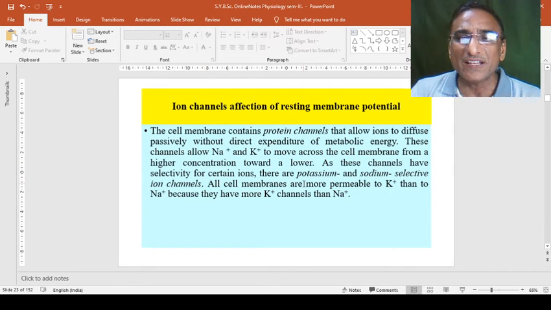All cell membranes are more permeable to potassium ions than to sodium ions because they have more K+ channels than sodium channels, and therefore sodium and potassium ions move through different channels along different concentration gradients.